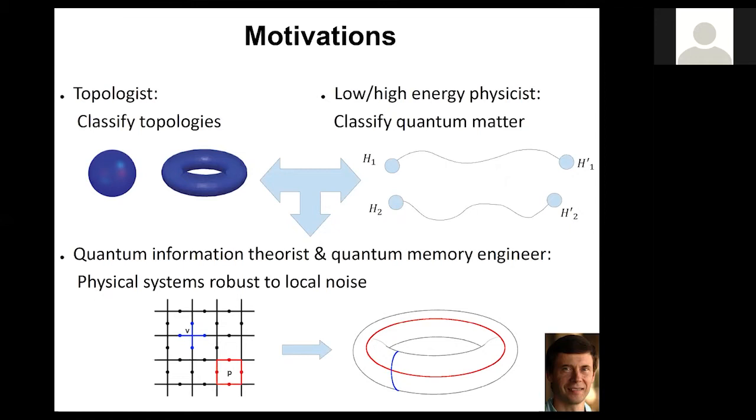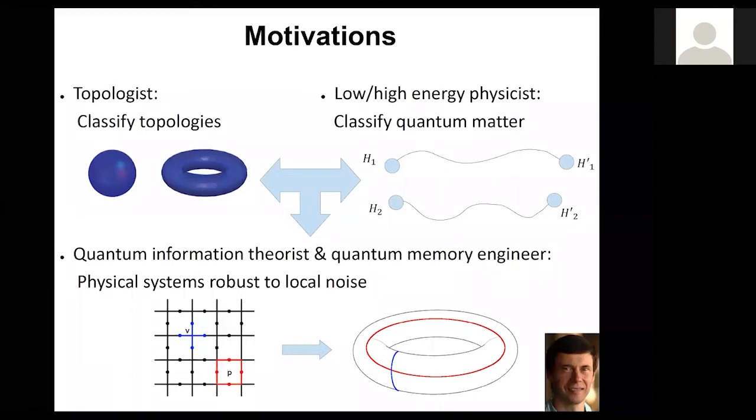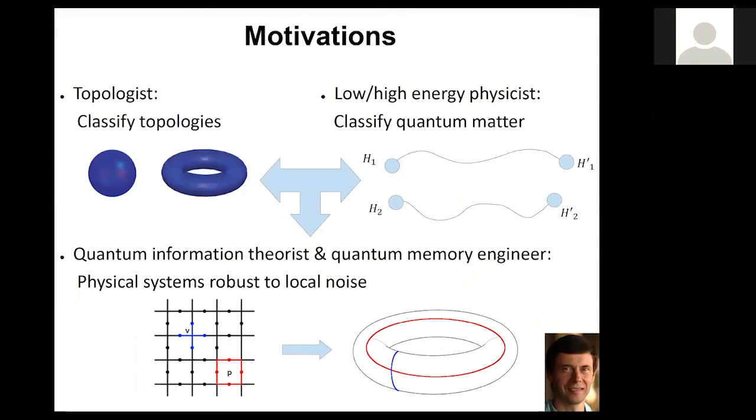But for that machine to operate reliably, you would first need a quantum memory, that is, a physical system that is robust to local noise. In classical computers, this has already been achieved. But in quantum, the reason that a quantum computer does not exist yet is basically this.